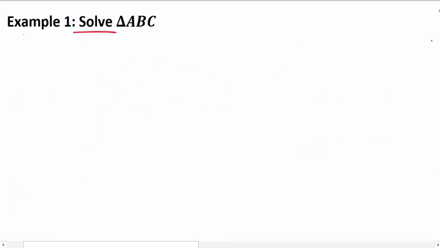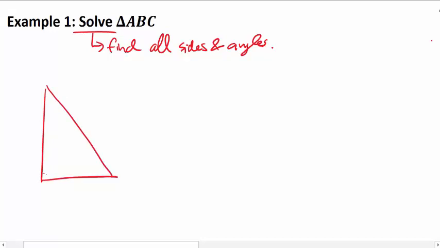so here it says example number 1, solve triangle ABC. When I tell you to solve a triangle, I want you to find basically everything. Find all sides and angles. So let's have an example here. If I draw a triangle and label it A, B, and C, how we label triangles is across vertex A, we label it little a.